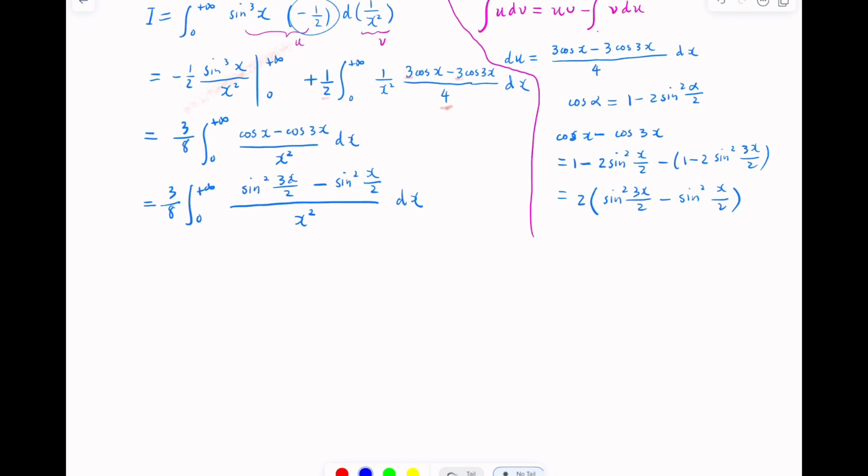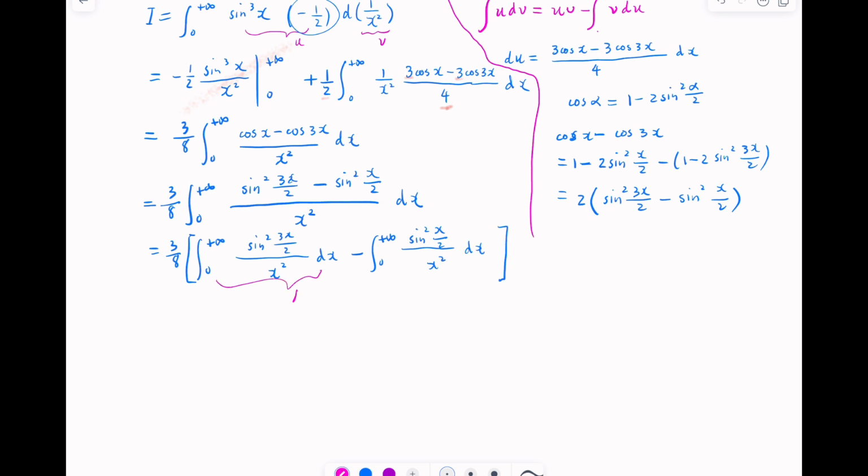We split it into two integrals: the first part is the integral of sine square 3x over 2 over x squared dx, and then minus 4 times the integral of sine square x over 2 over x squared dx. Call the first integral a and the second integral b, so it's a minus b.